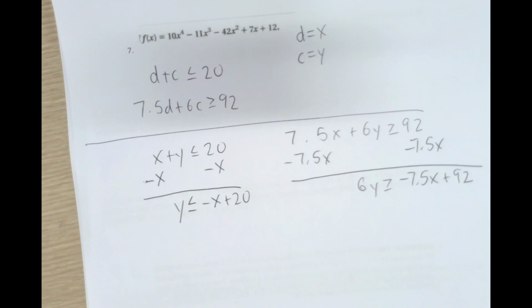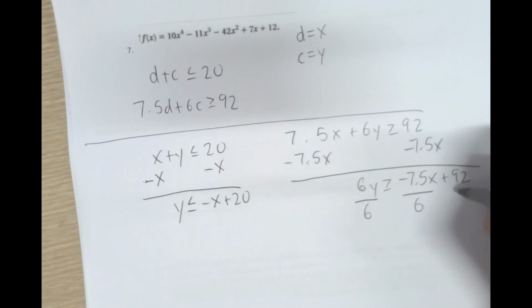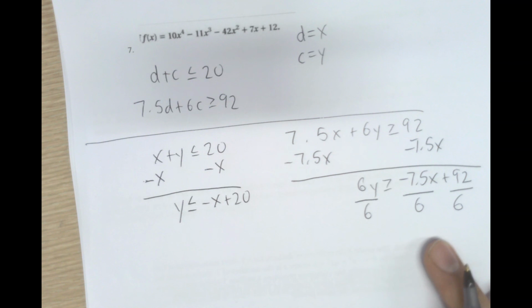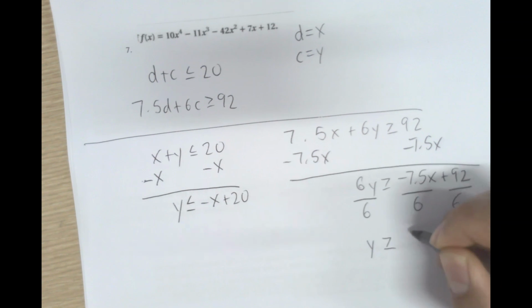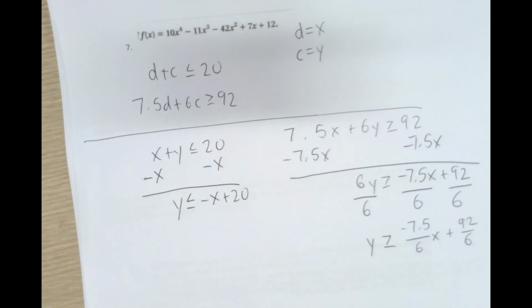So the last thing I would need to do is divide both sides by 6. Just as a reminder, if anything is separated by a plus or a minus, I need to divide it also by 6. So I get y is greater than or equal to, and I can't have fractions here, but I'm just going to leave it like that for now, and I get 92 divided by 6. Again, what I'm trying to show you is how to get y by itself for tonight's problem.